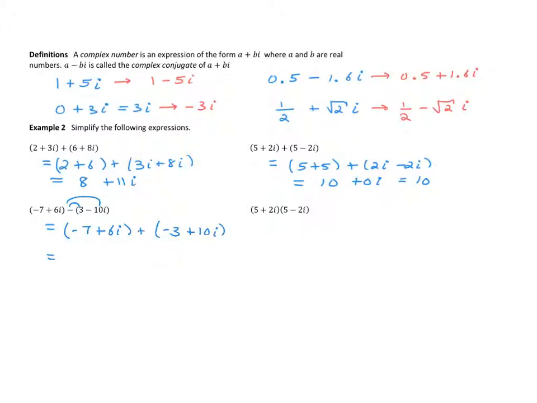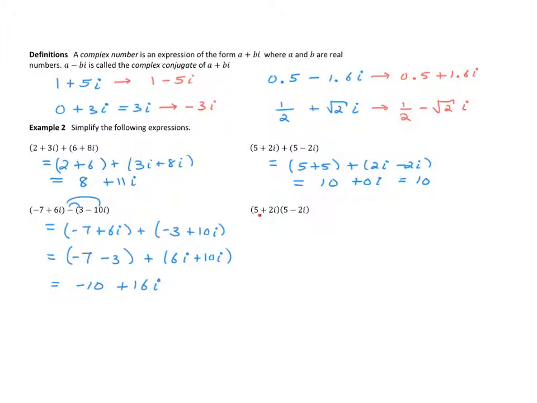Okay, so that means we're combining the negative 7 and the negative 3, as well as the 6i and the 10i, giving us a final answer of negative 10 plus 16i. We can't combine any further, that's a complex number.